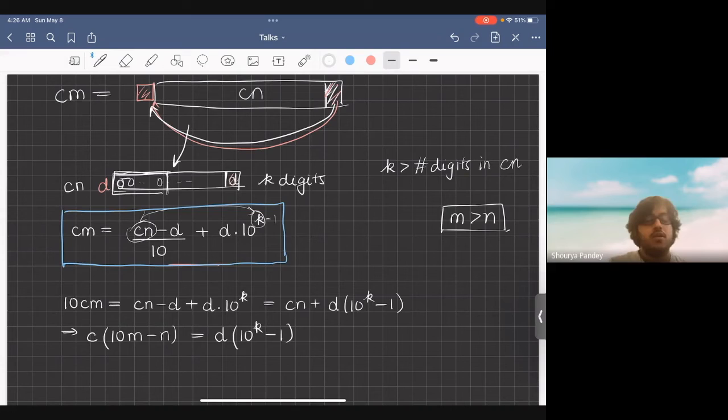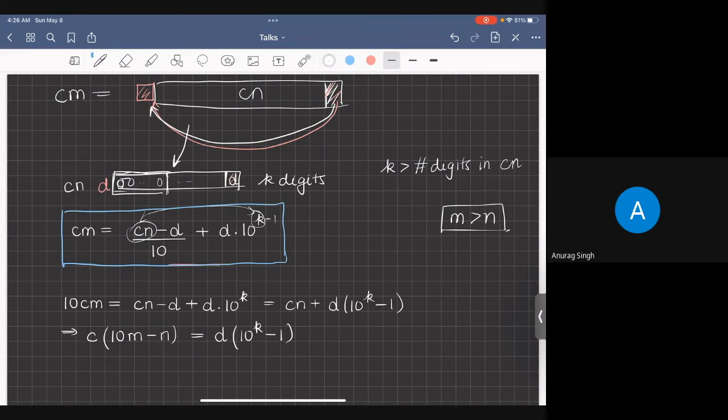Now what? We take both sides congruent modulo 10.